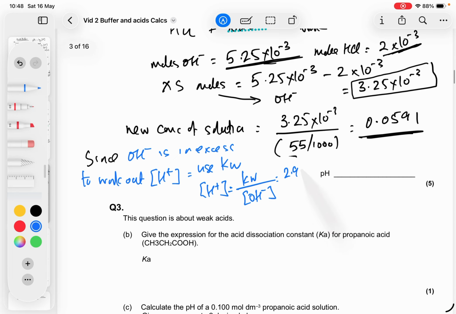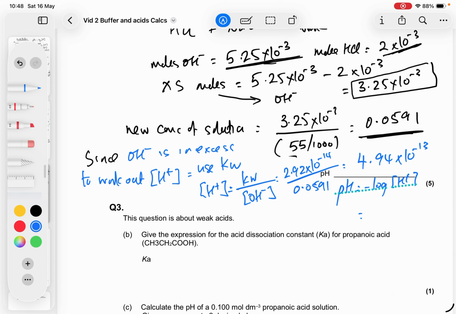So 2.92 times 10 to the minus 14 divided by 0.0591. It's very important you don't use 1 times 10 to the minus 14 here. And you get an answer of 4.94 times 10 to the minus 13, and then your pH is minus log of your H plus, and that comes to 12.31, and that's how you would do that calculation.